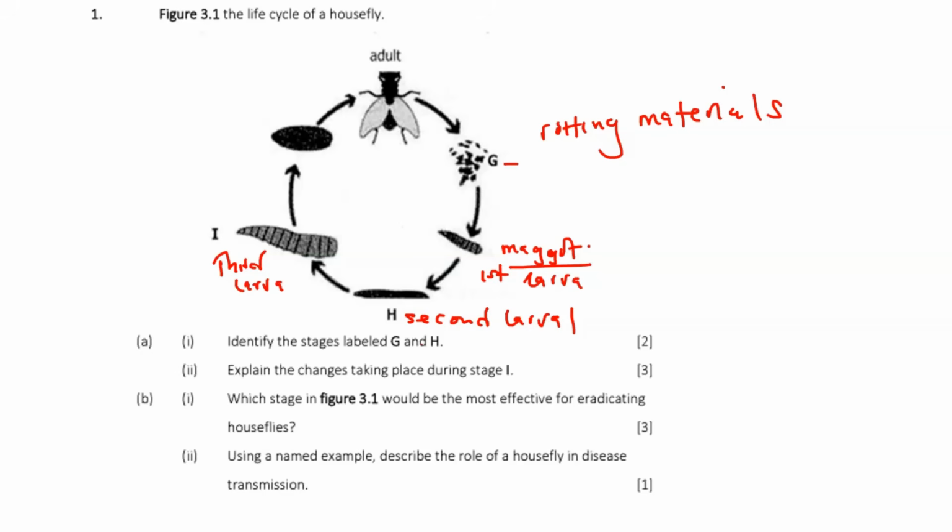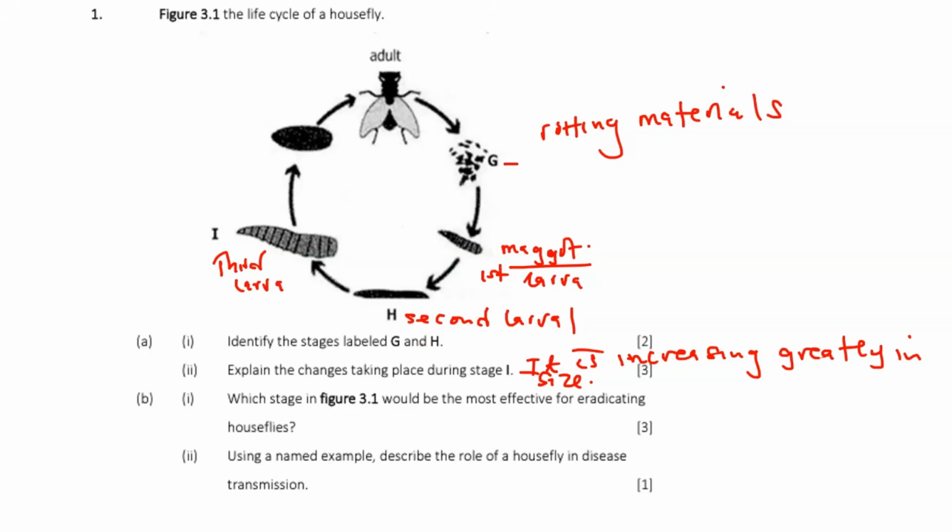So what are the changes that are occurring in I? There's an increase in size, that is, the larva is increasing greatly in size. That is one change that is taking place.